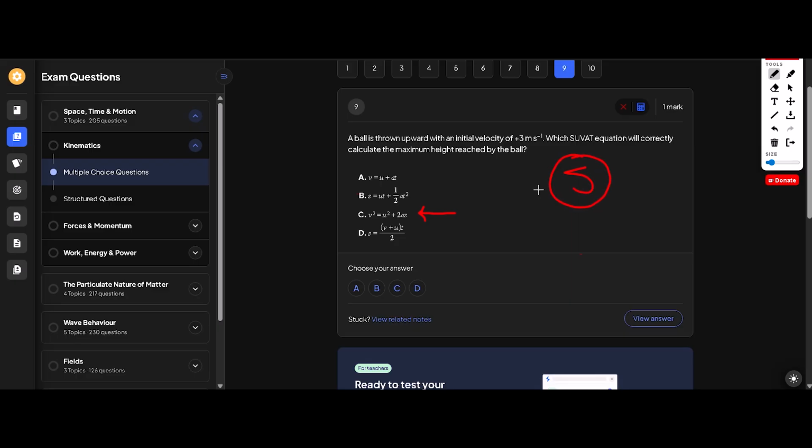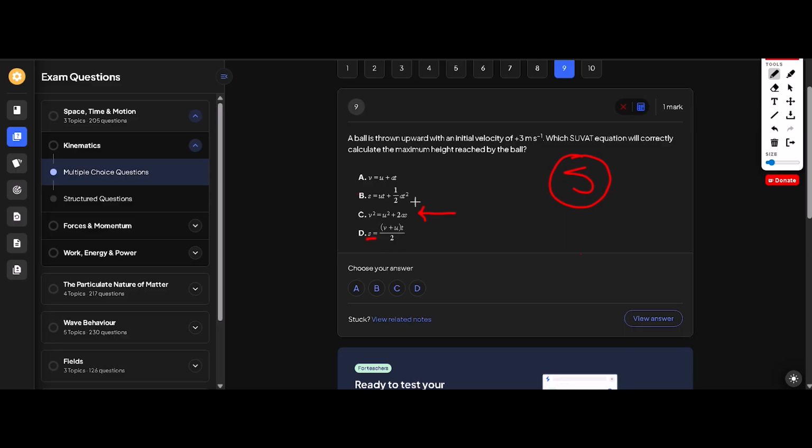In the first one, there is nothing regarding S, so it's not the right one. In this one, we have S equals initial velocity multiplied by time. What is time? I don't know. I cannot have two unknowns in one equation and find a final answer. Also in this one, we have S, the one that I'm searching for, and I have time. Also, I don't have the time.